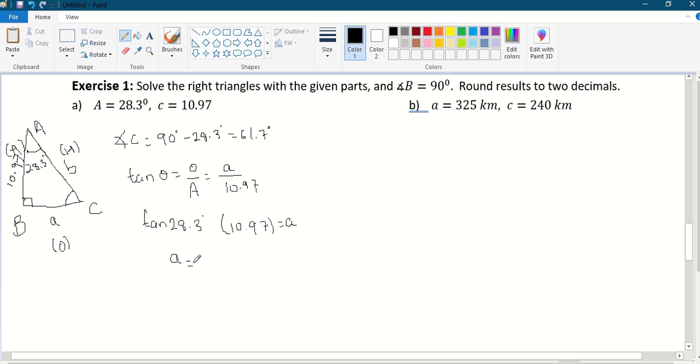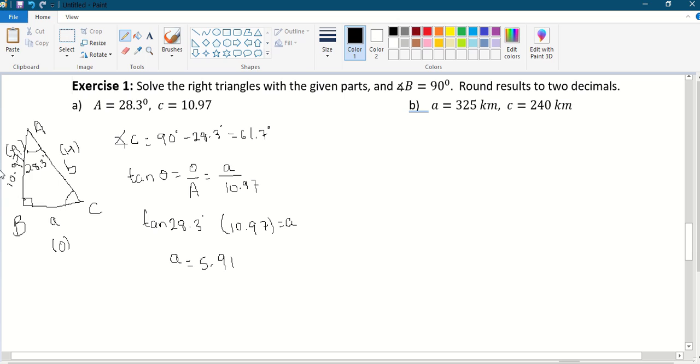In our calculators we punch in 10.97 times tan 28.3 degrees. The result we get for a, rounded to 2 decimals, is 5.91, and we don't know the units. It's not degrees, it's a length.